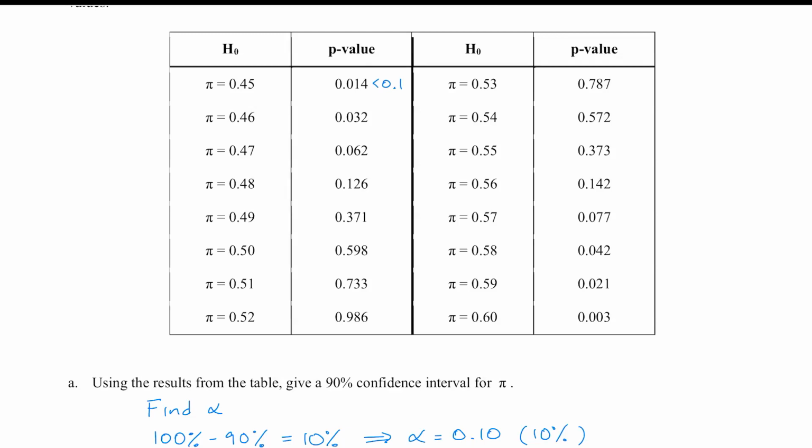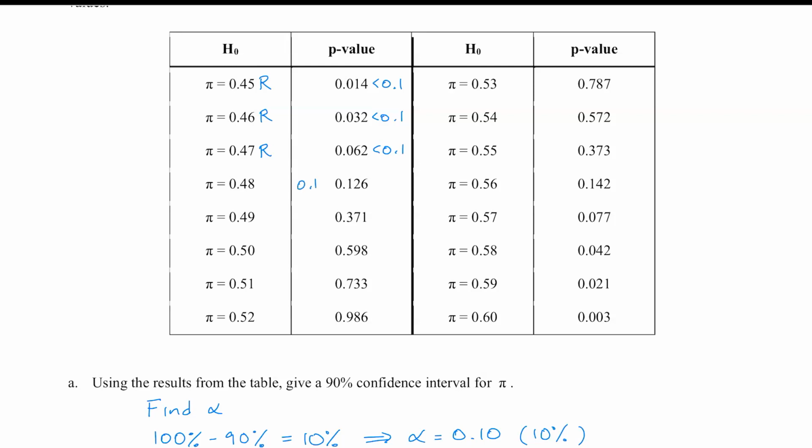So I look at my first p-value of 0.014. Of course, this is in fact less than 0.1. So I'm going to reject this null hypothesis value. 0.032 is less than 0.1, so I will reject the value of 0.46 for pi.